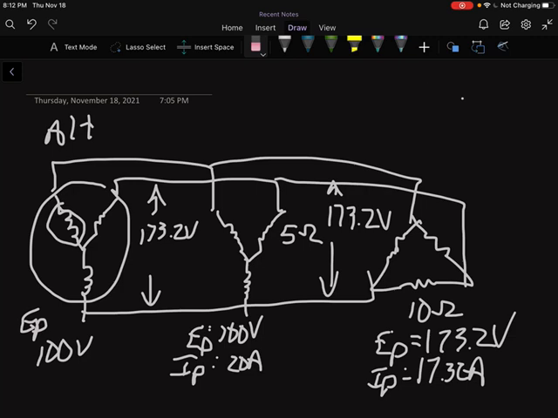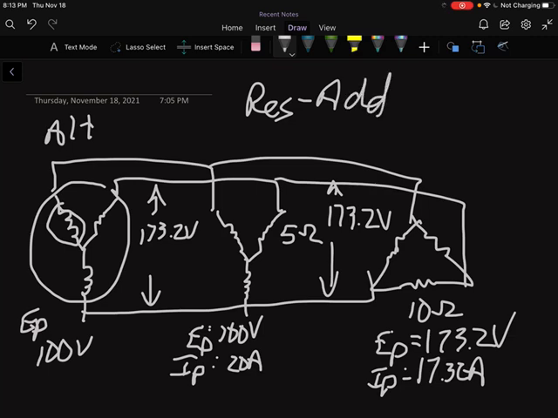The nice thing when you have resistive loads, that you will not have when you have an RL, so a resistive inductive load, or an RC or an RLC circuit, is that if all the loads are resistive, you can add all line currents together.